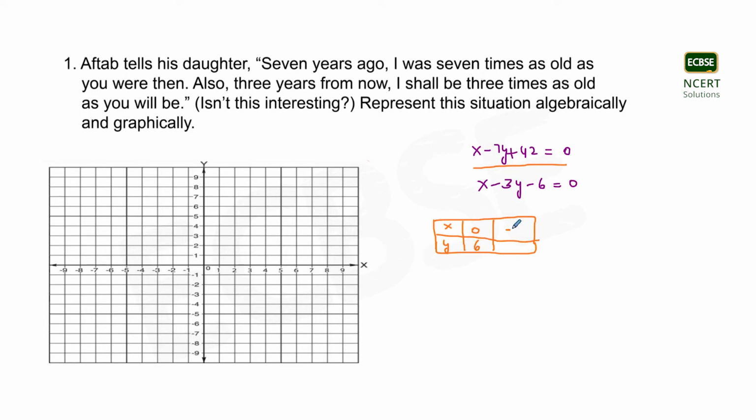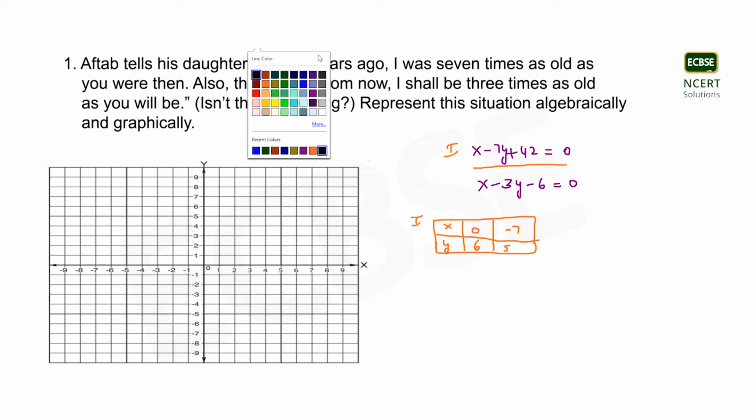And if x is equal to minus 7, then the value of y on putting in equation first comes out to be 5. So this is the table for the first equation, right? Now if we mark the points, that is, when x is equal to 0, y is equal to 6, means this point, right?